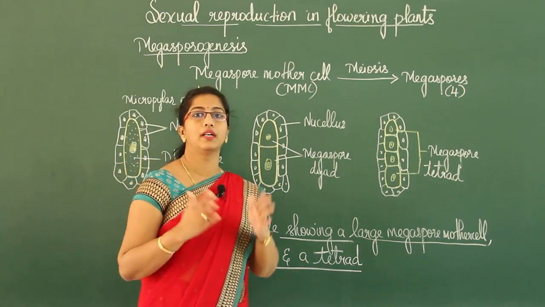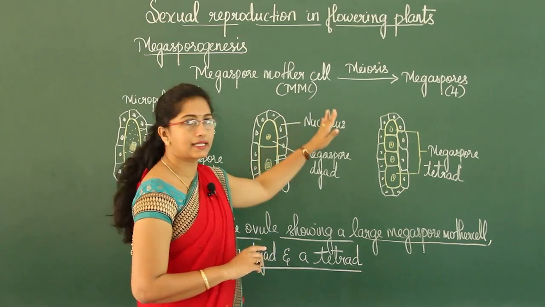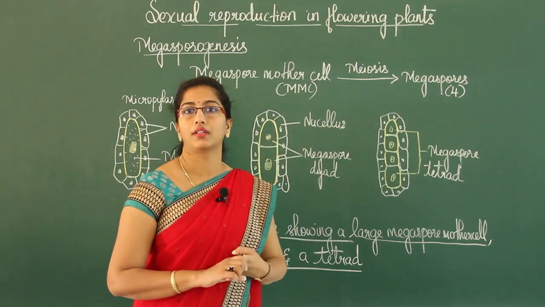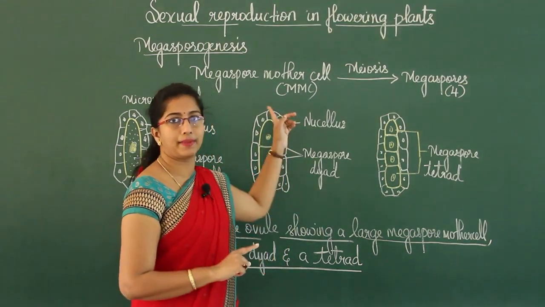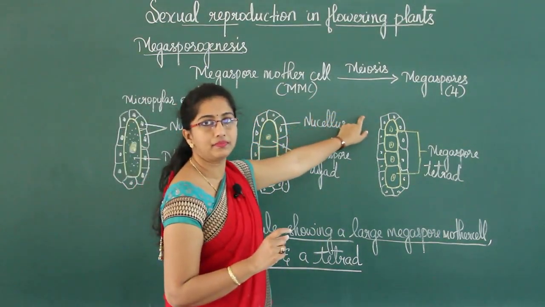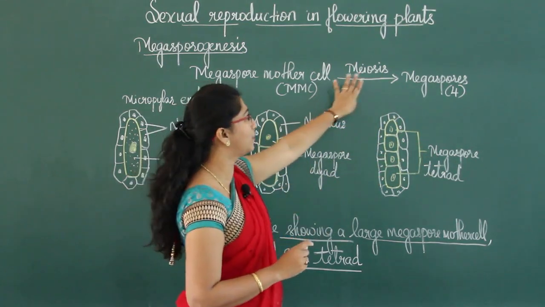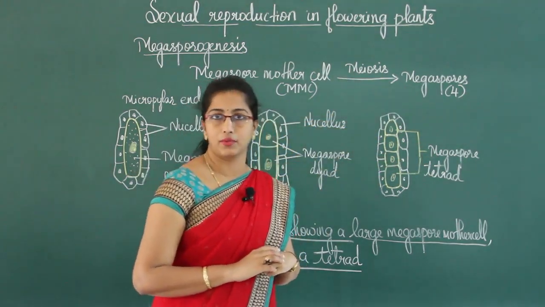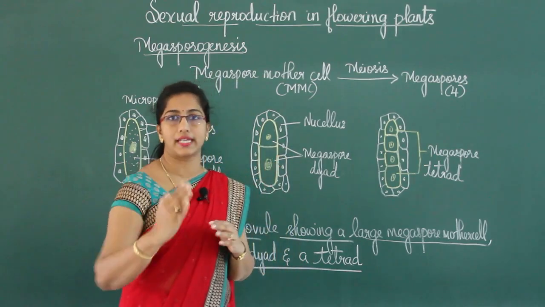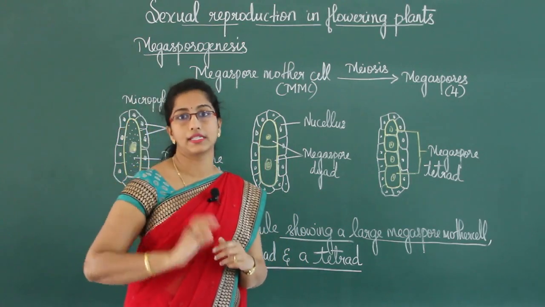Here meiosis happens, so one cell undergoing meiosis produces 4 daughter cells. We call those 4 daughter cells megaspores, and this development we call Megasporogenesis.